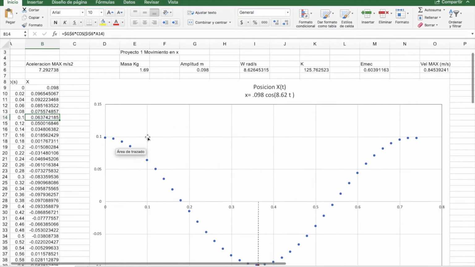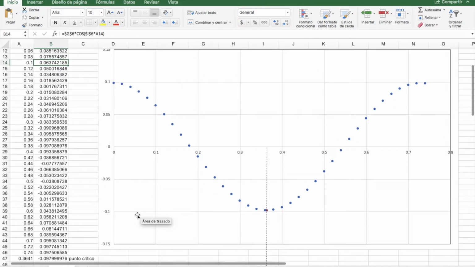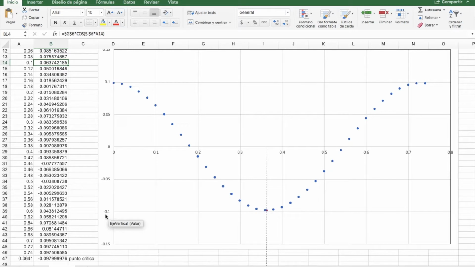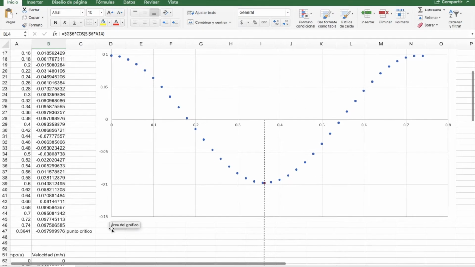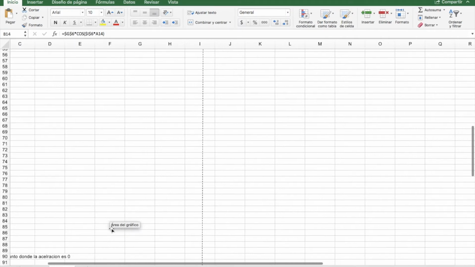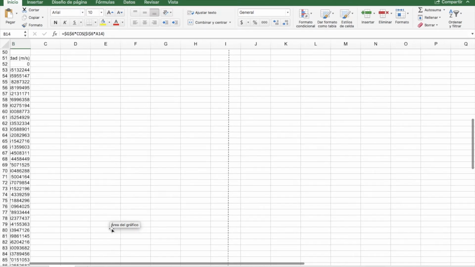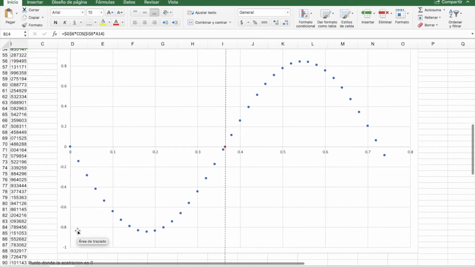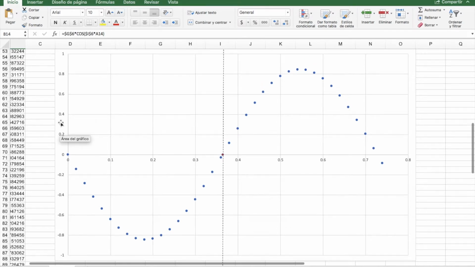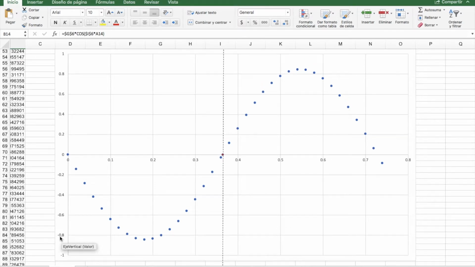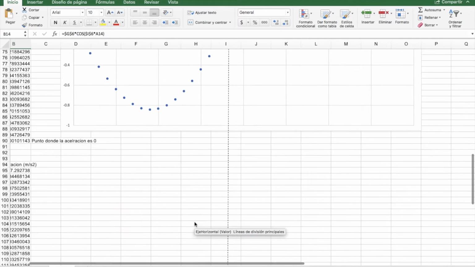Also here, as you know, x is amplitude, and as you can see here it goes from minus 0.1 to 0.1, so we can say that our amplitude is 0.1. And for the acceleration, it goes from minus 0.8 to 0.8, so that means that is our amplitude in this graph.